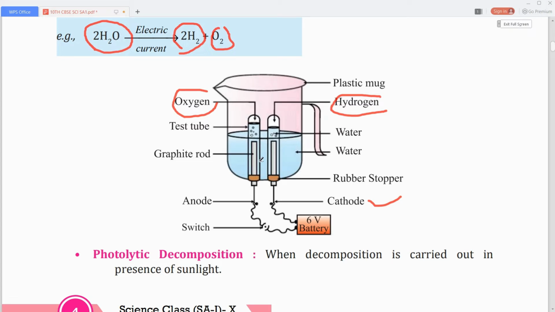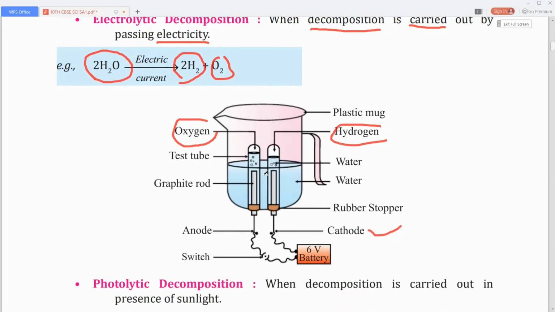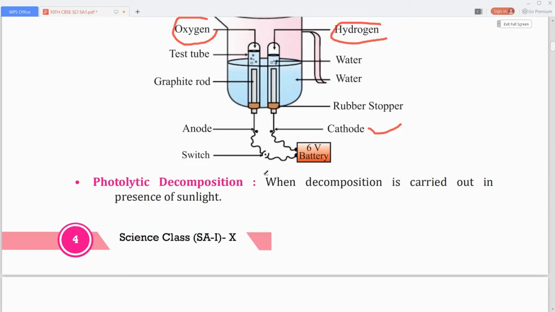So it is one good example of electrolytic decomposition. Now third is photolytic decomposition. When decomposition is carried out in the presence of sunlight, we call it photolytic decomposition.